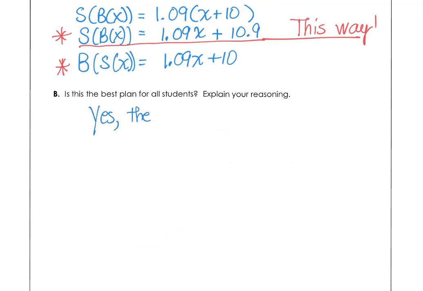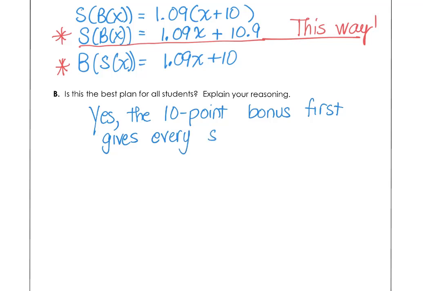The 10-point bonus first gives every student 9/10 of a point more than the other method. Gives every student 0.9 of a point more than the other option.